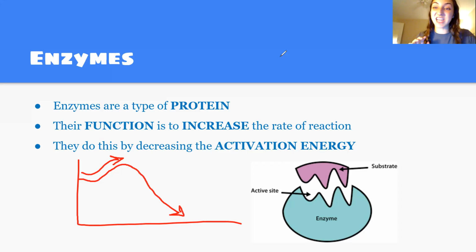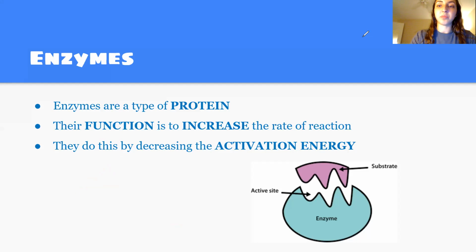These reactions need to be shoved into action, and that is the little hump you have here. What a protein does is, rather than have this very steep hill, it's going to lower it and make it a little softer. So it's going to require less energy to push and start up a reaction.